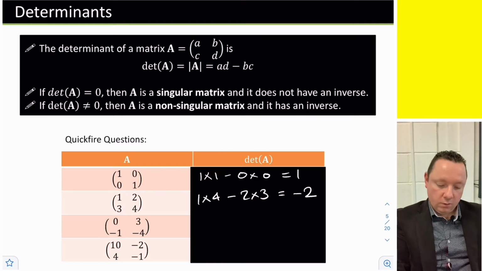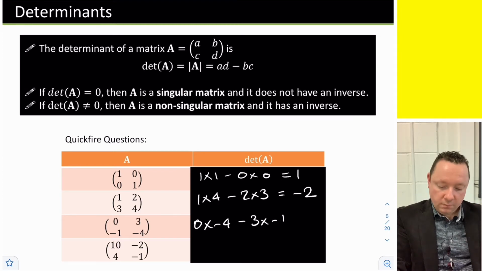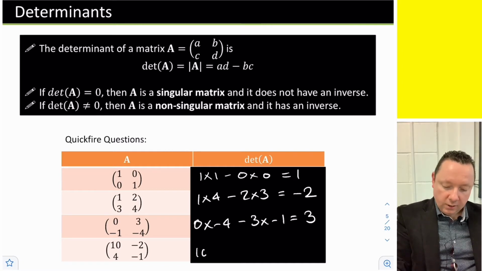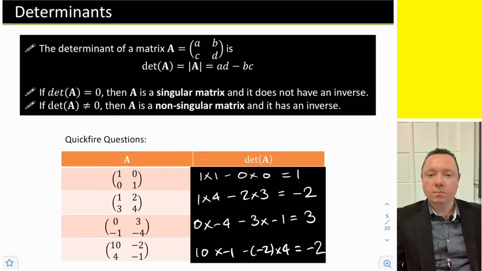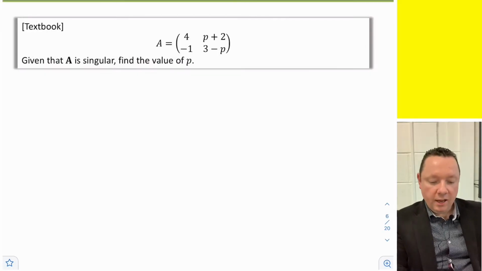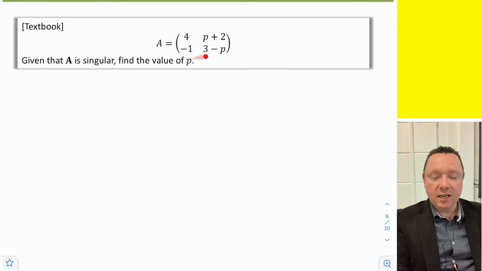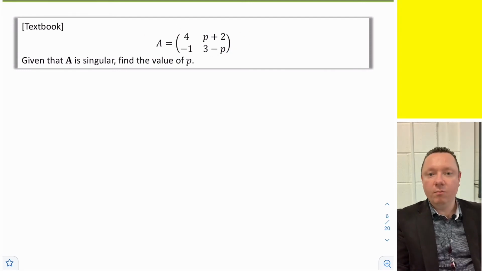Looking at the third one, we've got 0 times minus 4 minus 3 times minus 1. Well, that is just 3. And the last: 10 times minus 1 minus minus 2 times 4. That's minus 10 plus 8. That's minus 2.